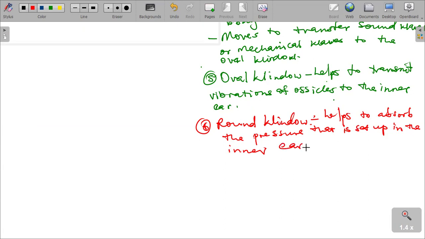So that is it. We are saying the round window helps to absorb the pressure that is set up in the inner ear. That is the round window there.